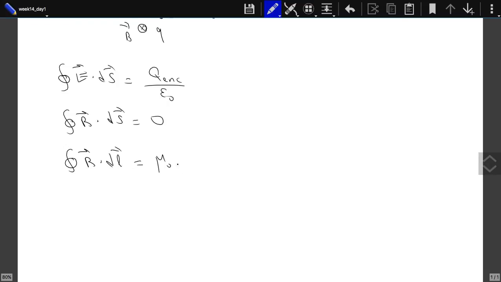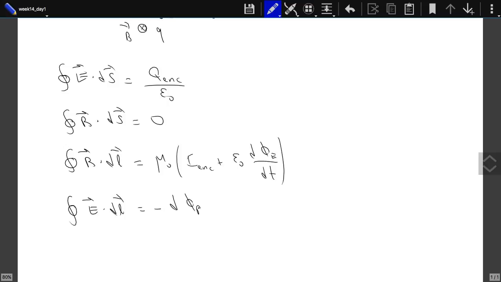Maxwell-Ampere law. And the Faraday law. Now let's concentrate on these two. What are some of the predictions?